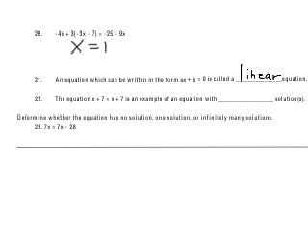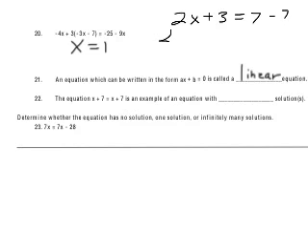So, for instance, if we had 2x plus 3 equals 7, we can say, well, that doesn't look the same. How can we tell if that's linear? Well, we can move things around. We have to have it equaling 0. So to do that, we would subtract 7 from both sides.